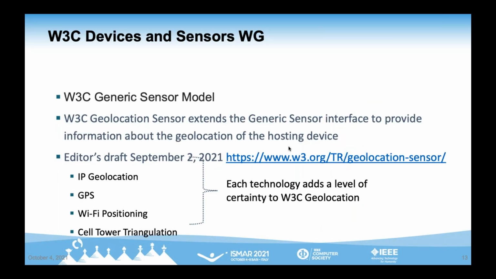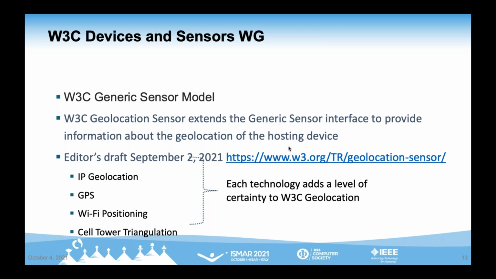The devices and sensors working group, sometimes called the DAS working group, has been around, I think, 6 or 7 years, and defined the W3C generic sensor model. The generic sensor model has many submodels, and the W3C geolocation sensors extends that framework to provide geolocation of the device.